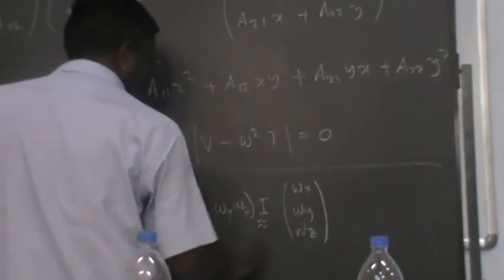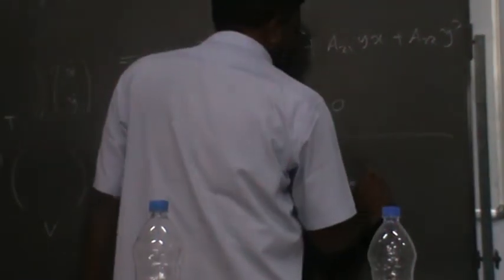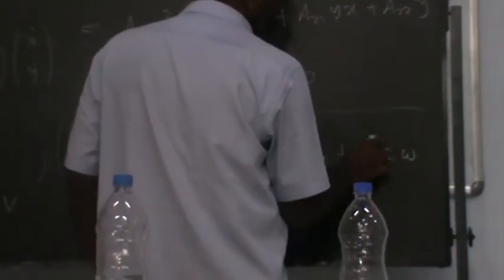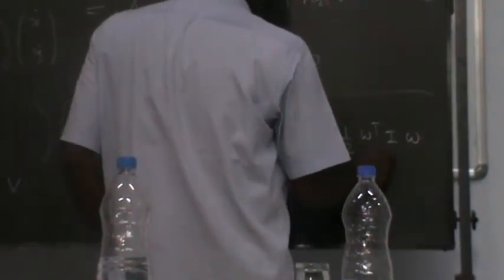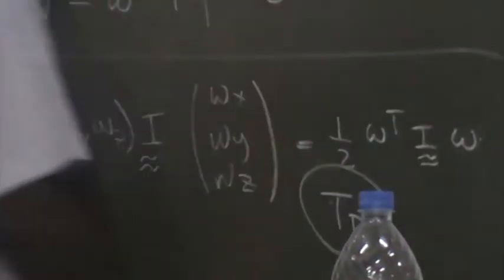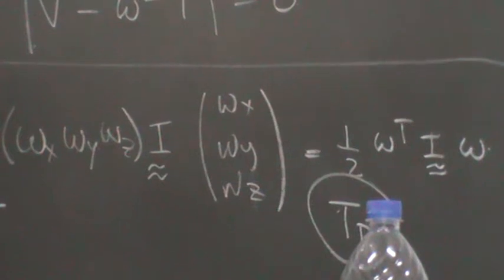You write it in this way: half omega transpose I omega. This is called the rotational kinetic energy. The rotational kinetic energy of the rigid body is also a quadratic form of the moment of inertia.